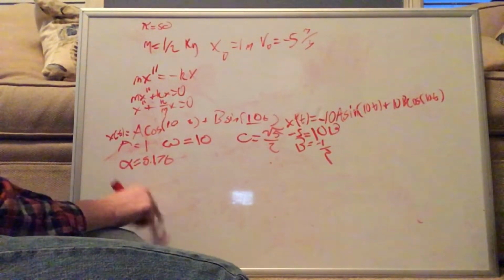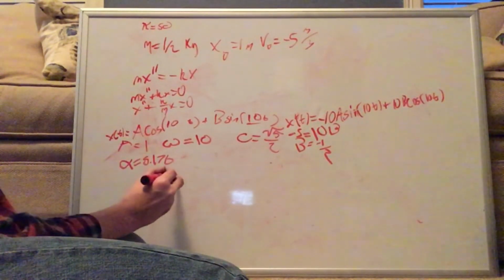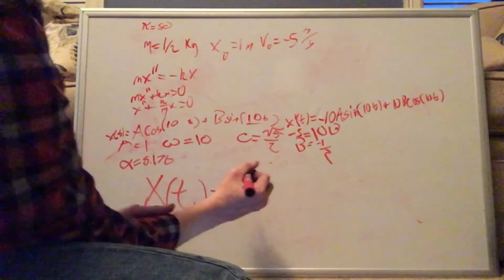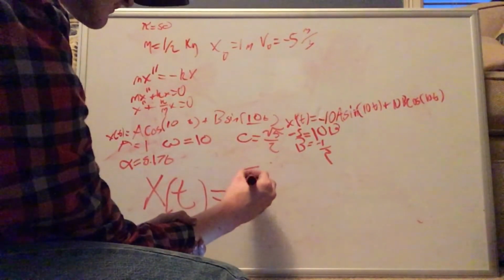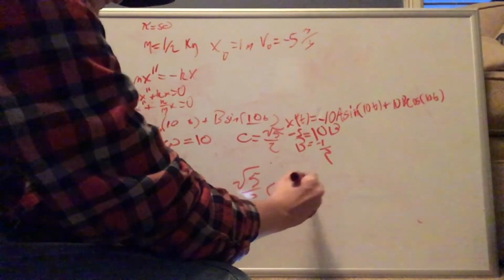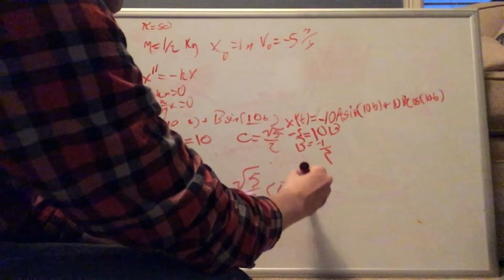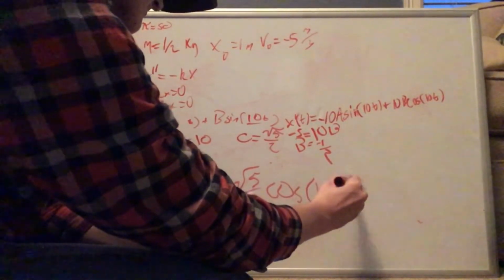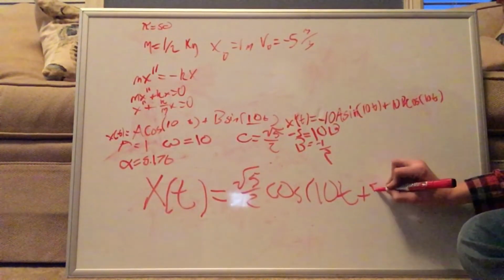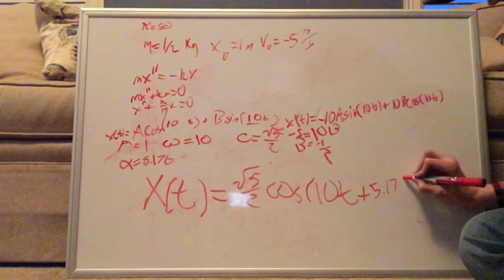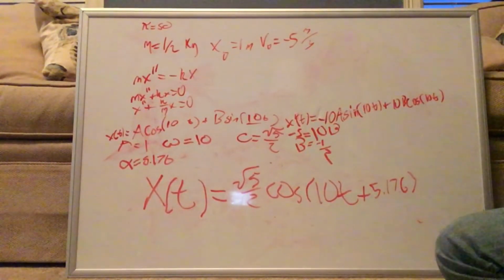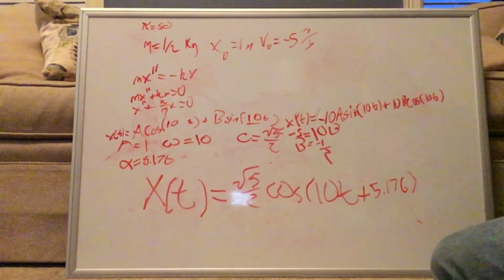So we can just rewrite this as x of t equals square root of 5 over 2 times cosine of 10t plus 5.176. So that's the final position function.